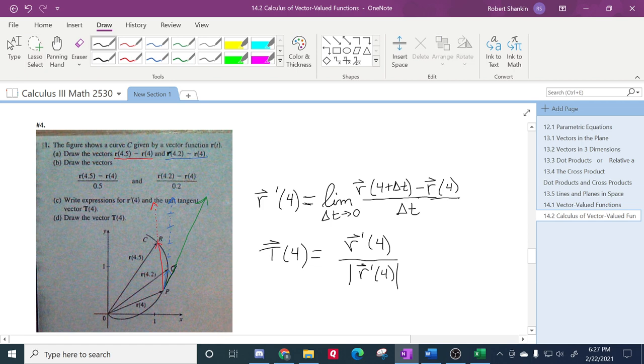I don't know how far 1 unit is, but here would be T4. And this, by the way, is r prime of 4, right out here. So r prime of 4 might be pretty long, depending on how fast this little spaceship was going. But T of 4 has a velocity of positive 1 in that direction.